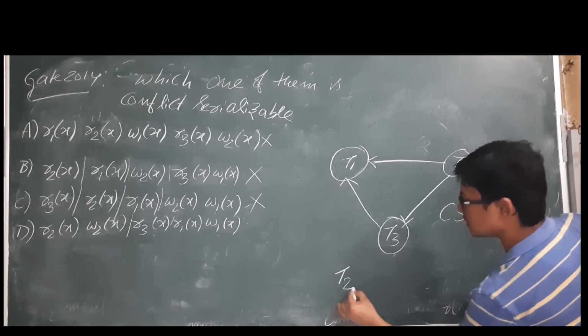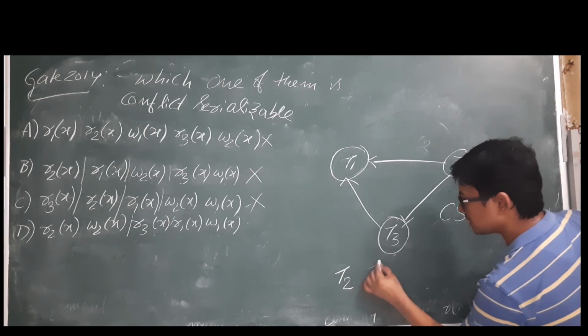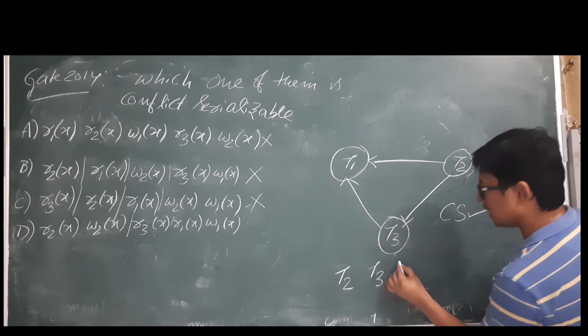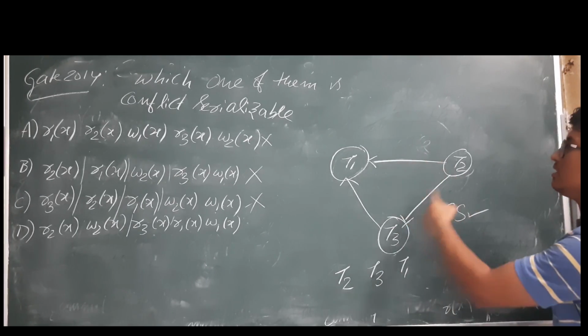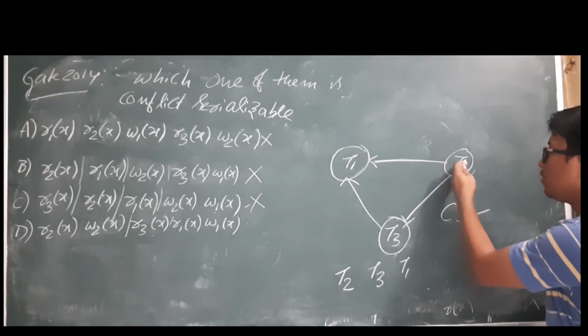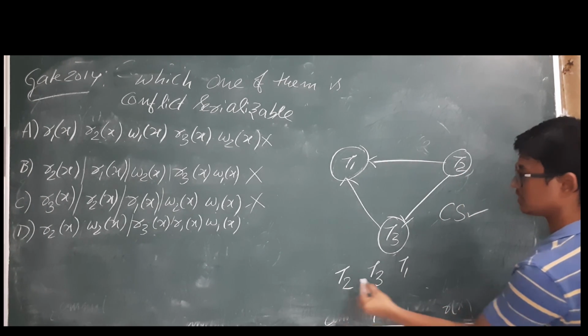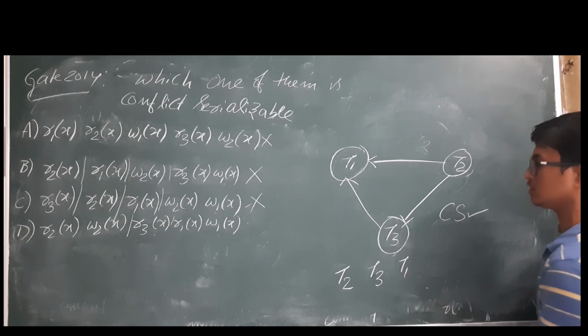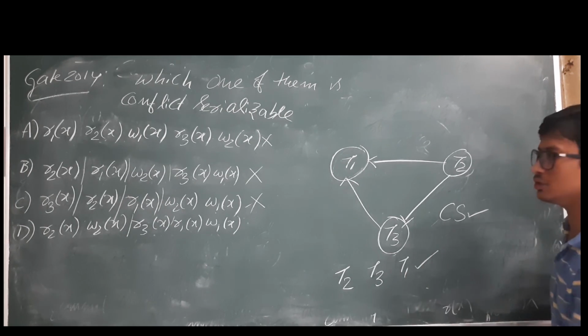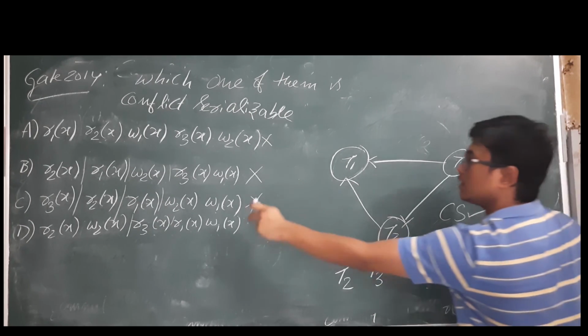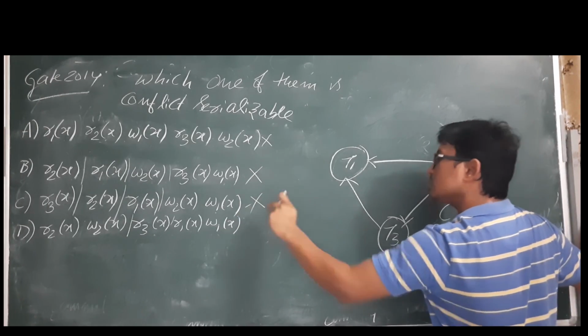So transaction 2 should start, then transaction 3, and then transaction 1. We got this because we used the topological order to find the serial schedule: transaction 2, transaction 3, transaction 1. So this is the serial schedule which is conflict equivalent to option D, the non-serial schedule.